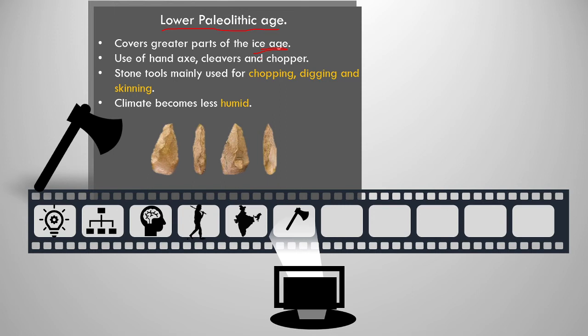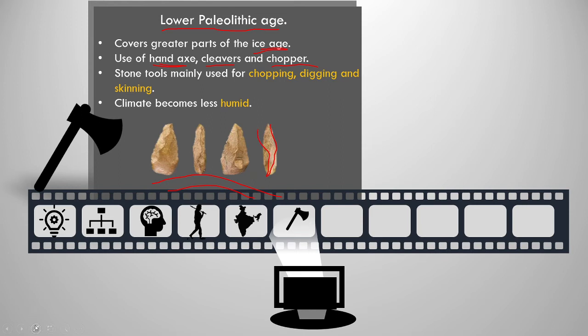Next comes the use of hand axes, cleavers and choppers. Our ancestors used hand axes, cleavers and choppers for their work. They used stones which were pointed at one side and flat. Have you seen a knife? It's sharp but it's flat.